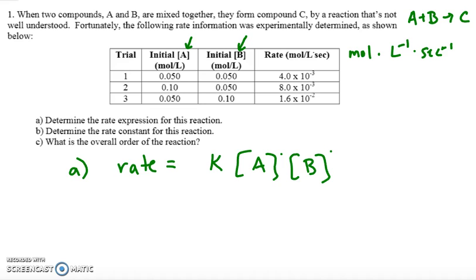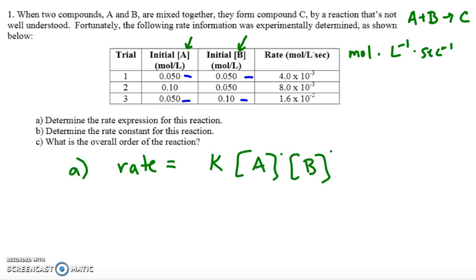Now, when I go up to the trials, what I want to do is find two trials where the concentration of A is constant. So I have trial 1 and trial 3 where A is constant. What do we see in terms of the concentration of B? What's happening with the concentration of B?